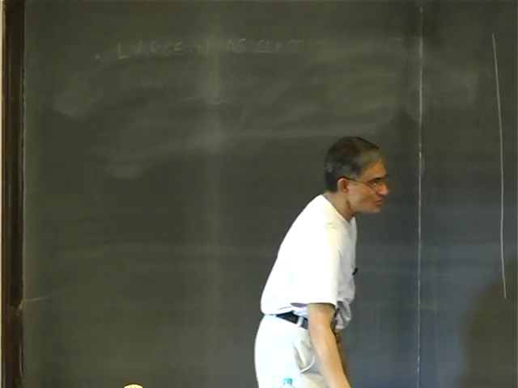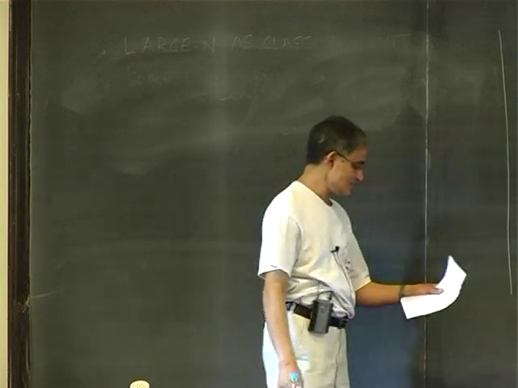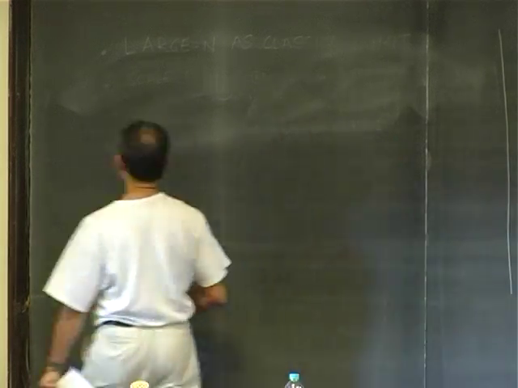So what this tells you is that you already know that for a large N theory, log of Z is of order N. This tells you the order of this thing is N raised to the power 1 minus small n. So let's try to examine what this means for a few correlation functions.